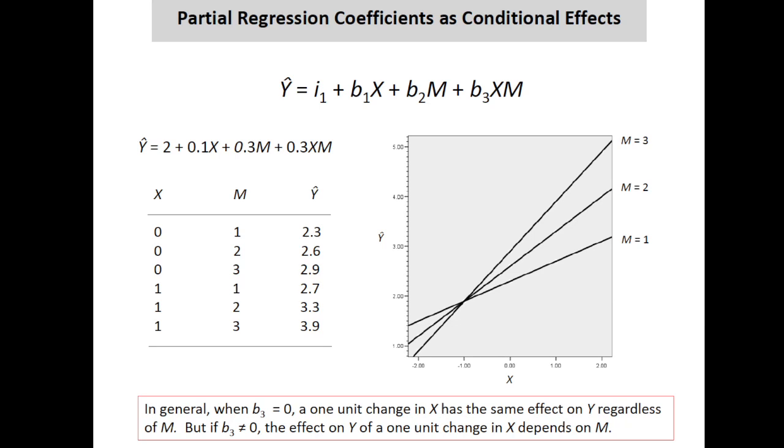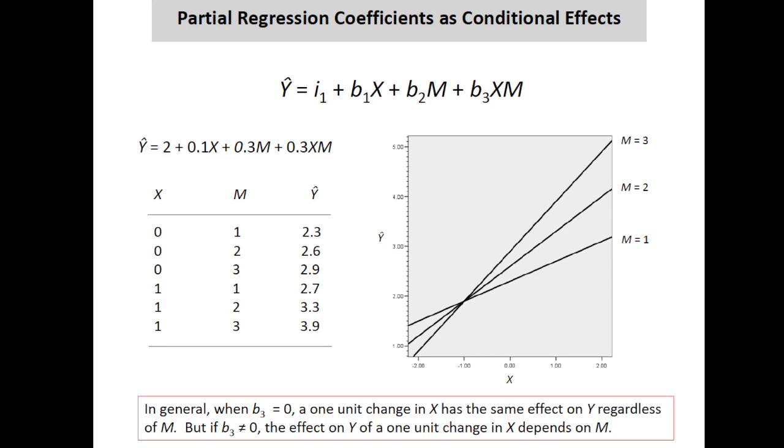But look what happens. Now the two cases that differ by a unit on X differ by a different amount on Y depending on what value of M you choose, as reflected in the slopes that are not parallel. That divergence from parallel will be determined by the size of B3.